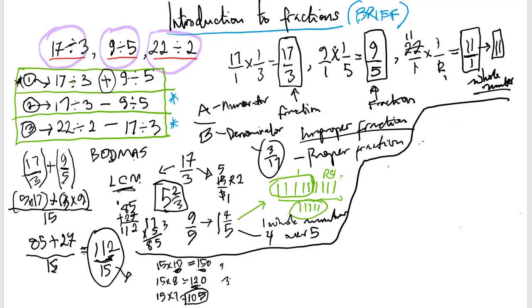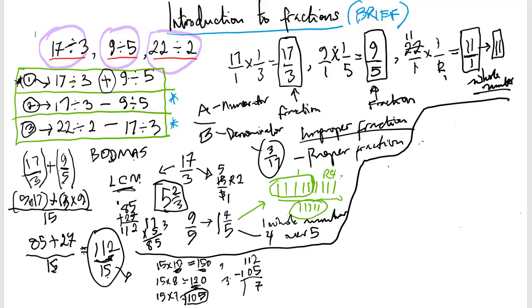105. So 105 is closer to 112, such that once you subtract 105 from 112, you should get a number less than 15. So once you do the subtraction, this minus this, you get 7.